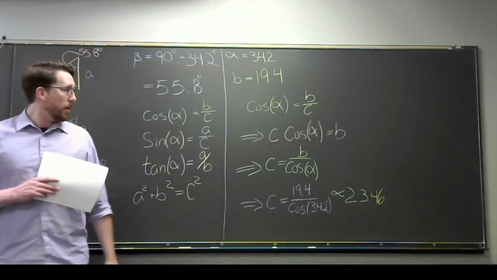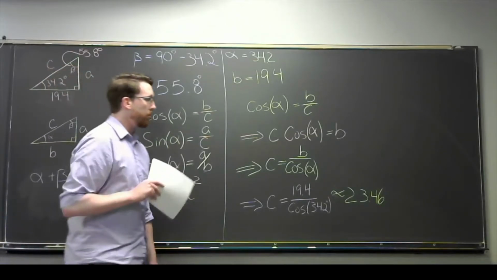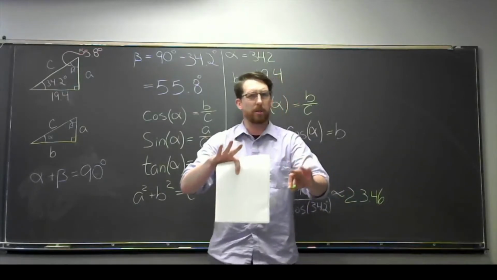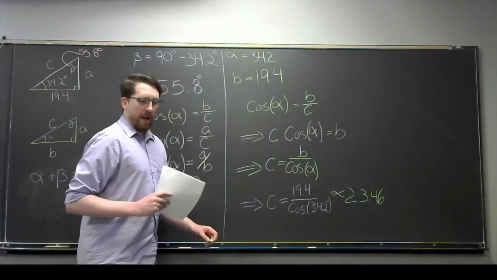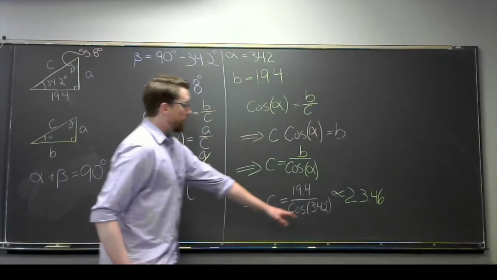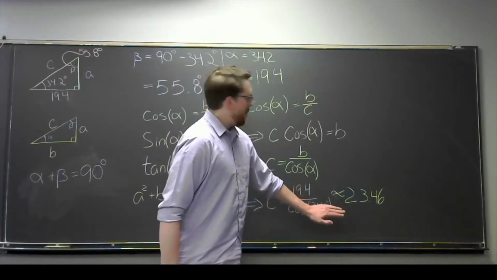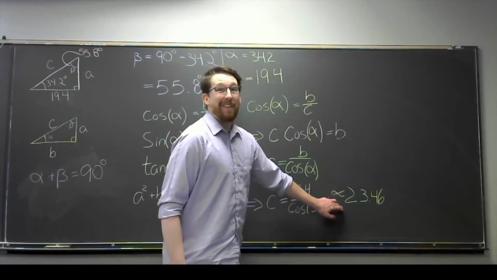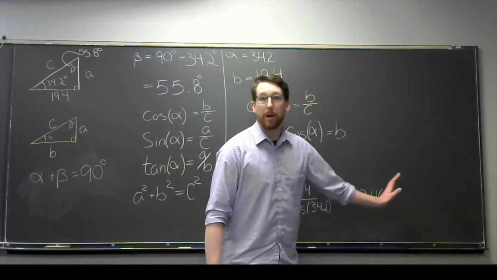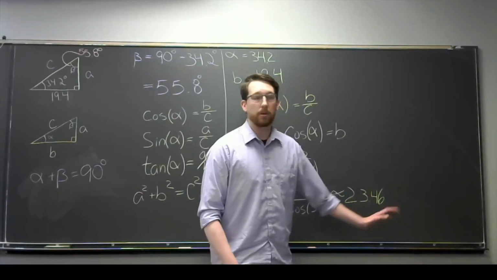So C is going to be equal to approximately 23.46. Having said that, a note about notation. The squiggle lines just mean I have no clue what comes after these decimals, but I know I chopped off some stuff after the decimal.